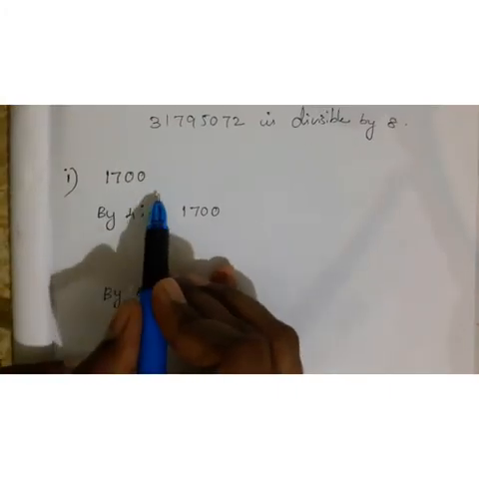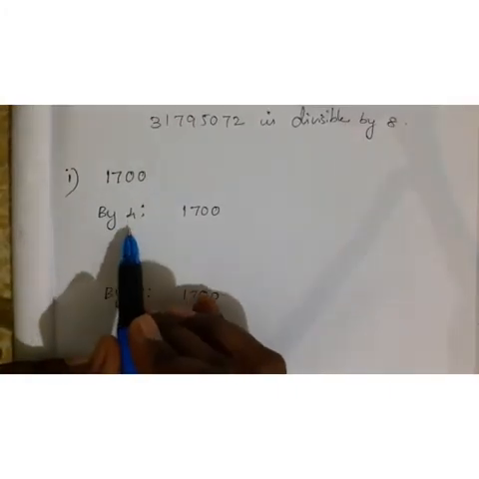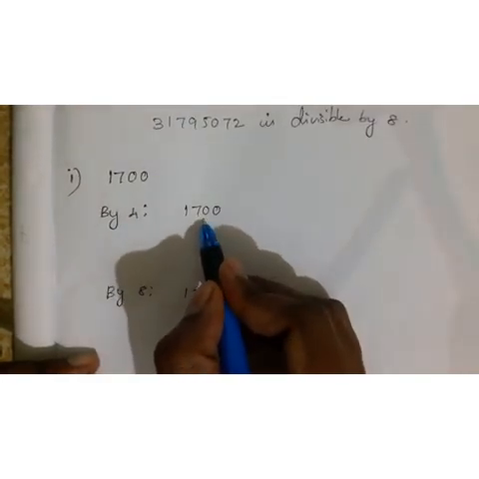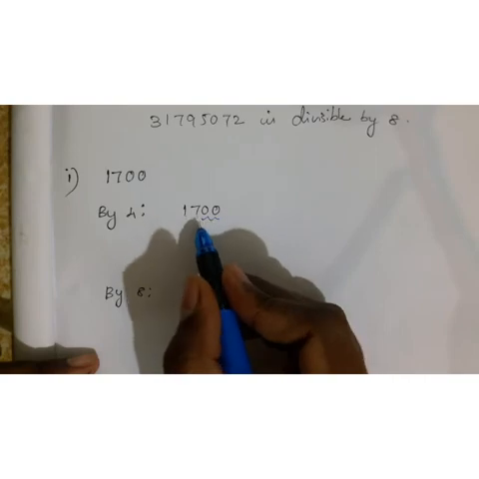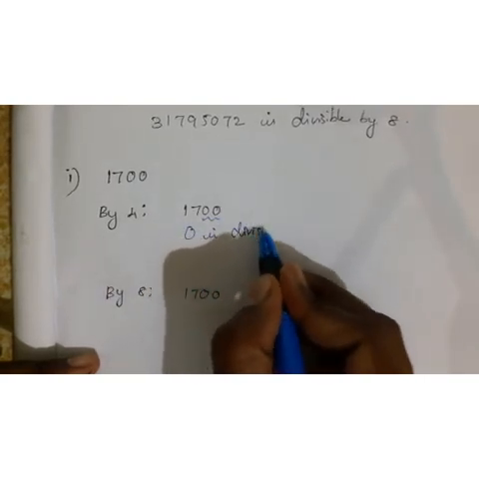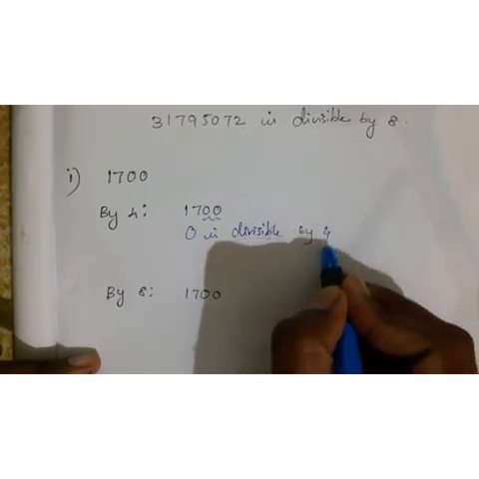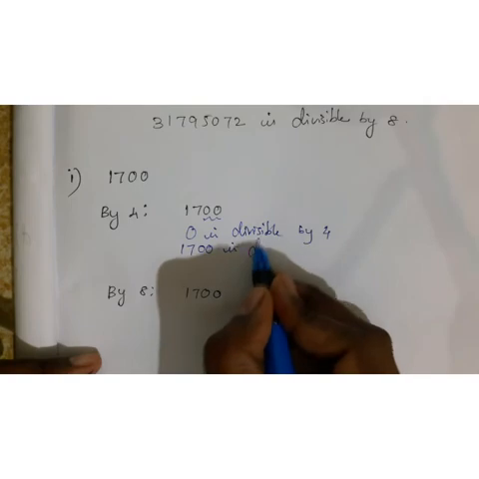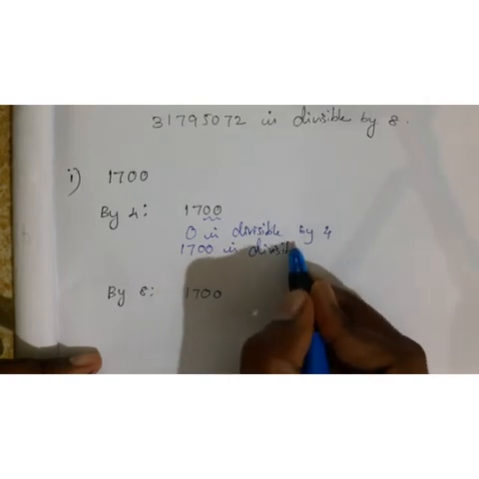I part, 1700. Divisibility test for 4. Here the last two digits are 00. 0 is divisible by 4. Therefore, 1700 is divisible by 4.